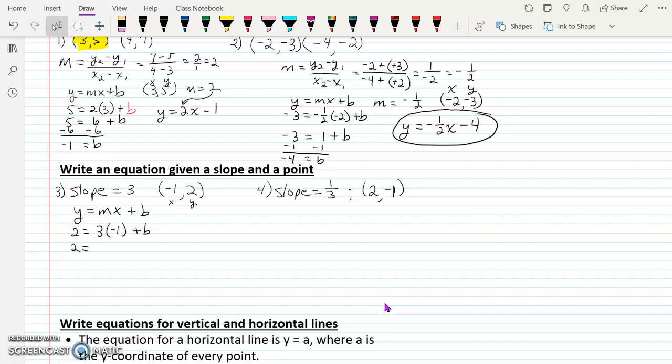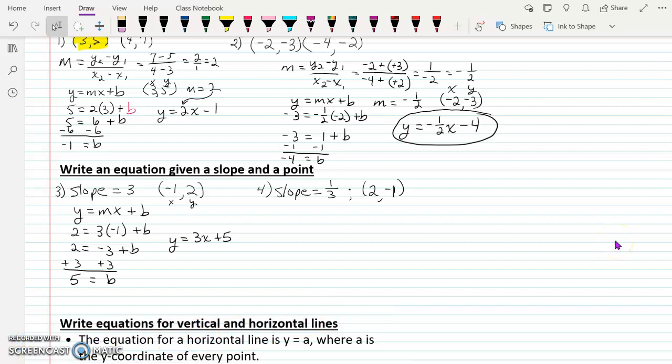So let's simplify and solve. -3 plus b. I'm going to add 3 to both sides, and b equals 5. So my equation for this would be y equals 3x plus 5.